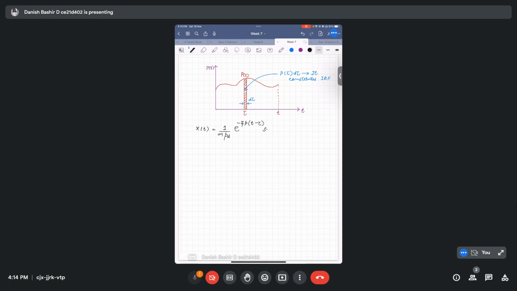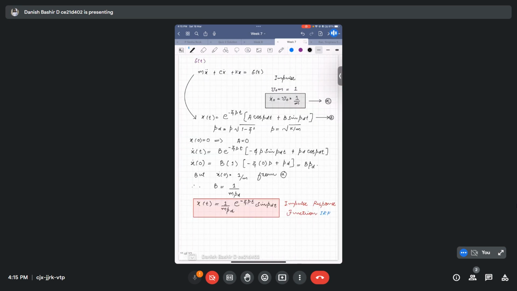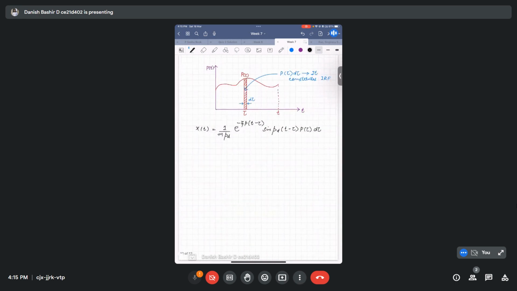Sine, because we are checking the response at time t after tau, sine omega_d (t minus tau) p of tau d tau. Because here we have to multiply, because earlier we assumed the area to be 1, but here the area of this very small infinitesimal force strip will be p of tau d tau. So it will be x of t equal to 1 by m omega_d e to the power minus xi omega (t minus tau) sine omega_d (t minus tau) p of tau d tau.